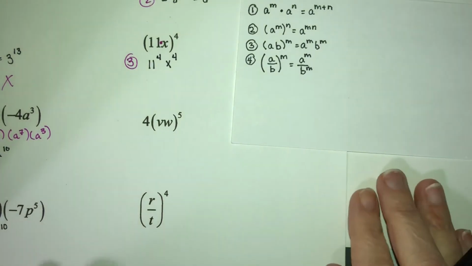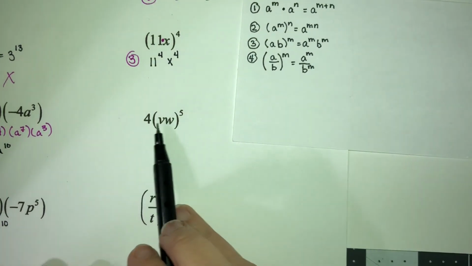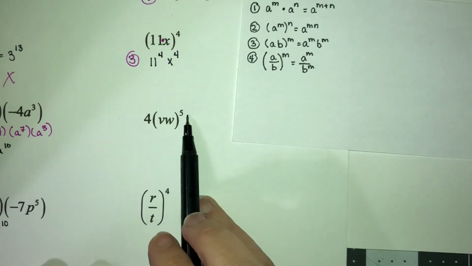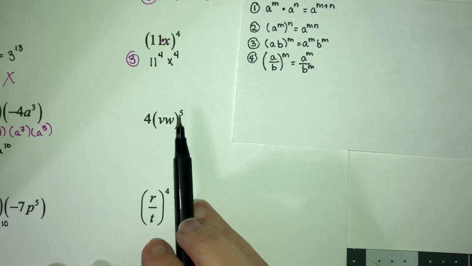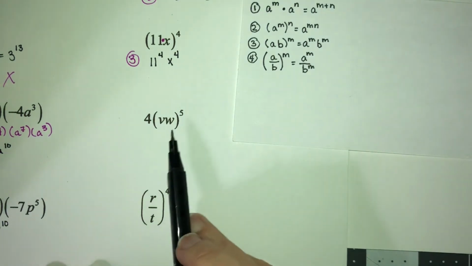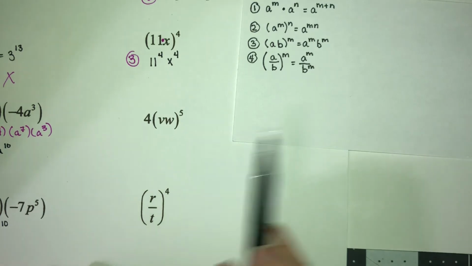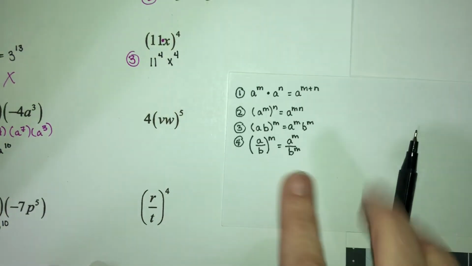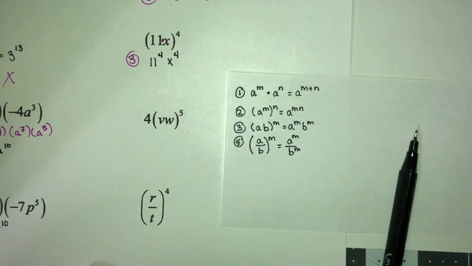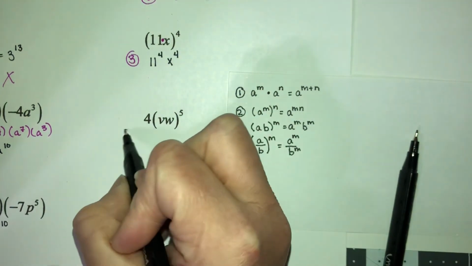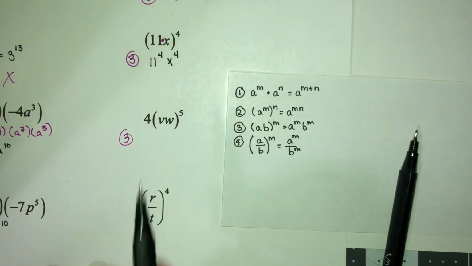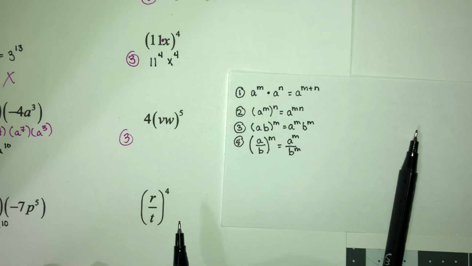Okay, so let's look here. 4 times v times w raised to the 5th power. There is something here that people mess up all of the time. Most of the time, my students recognize that it's going to be property number 3 because you have things multiplied together raised to an exponent, but they get quote-unquote distribute happy.